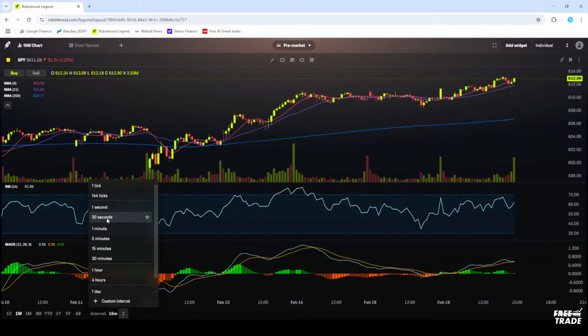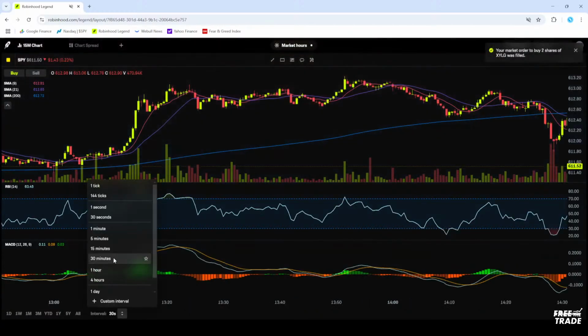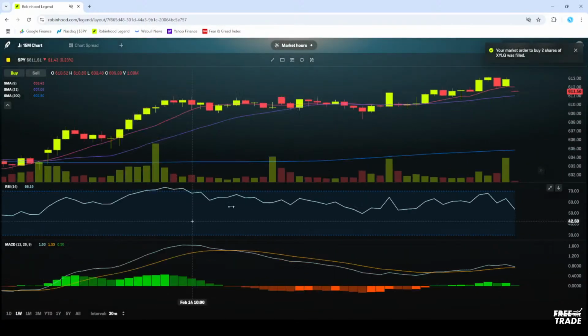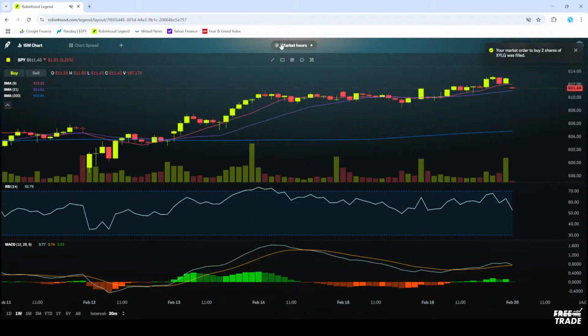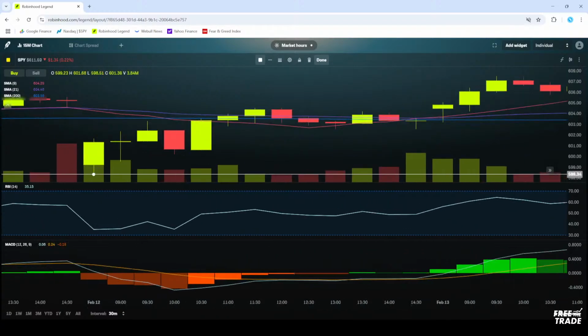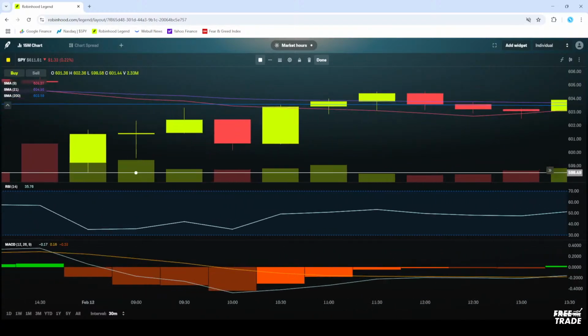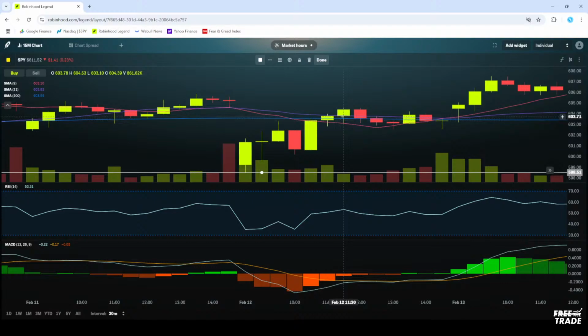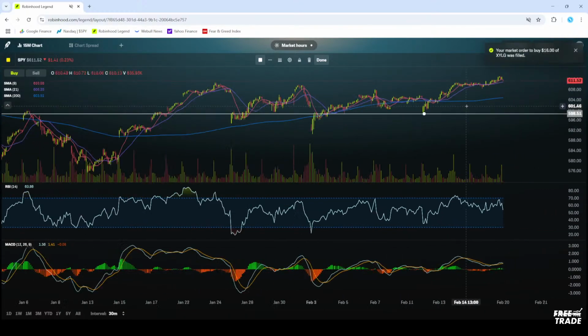Generally, I go with a 30-minute chart on the weekly. What we're going to do here is mark our low prices and our high prices. So this right here is going to be our lowest price, and that's at 598.51. Okay, and let's go find our highest price for the week.